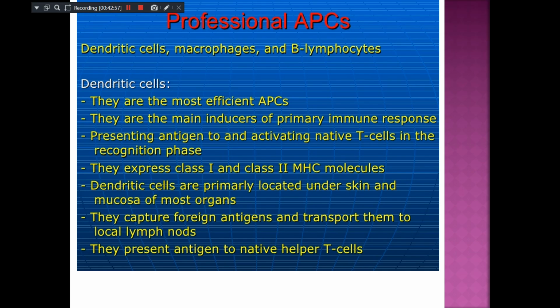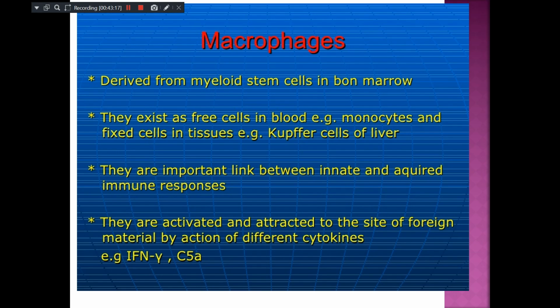So once the pathogens cross the skin, they come in contact with dendritic cells. They capture the foreign antigen and transport it to the local lymph nodes where the lymphocytes are, and they present this antigen to the helper T cells, and helper T cells may develop into killer T cells and destroy.